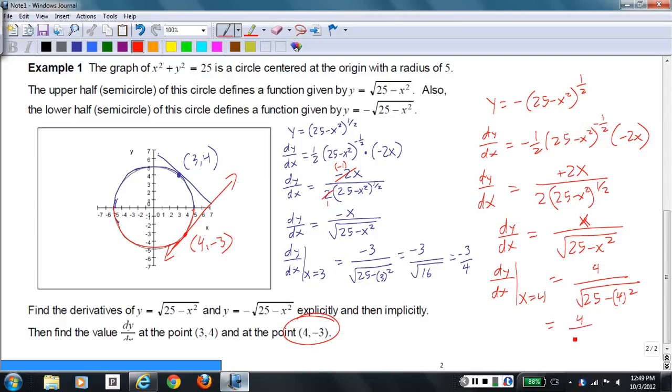That's 4 over the square root of 9, since 25 minus 16 equals 9. So that's 4/3. So the slope of the blue line, m sub tan there, was negative 3/4. M sub tan for the red line, 4/3.